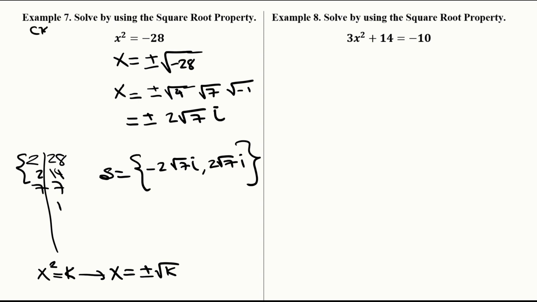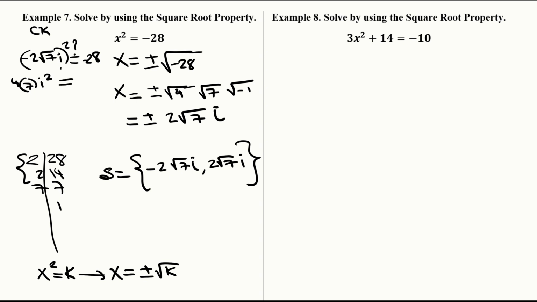So if you want to check, you can go ahead and plug in -2 radical 7i into the original equation and see if it turns it into a true statement. So we want to know if (-2 radical 7i) squared equals -28. Now -2 squared is 4, square root of 7 squared is 7, and we have i squared.